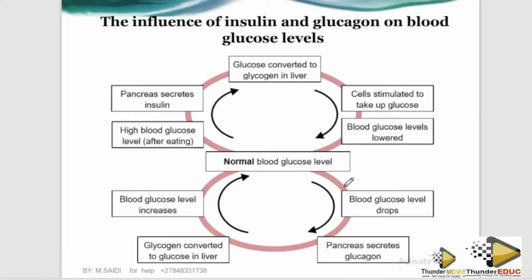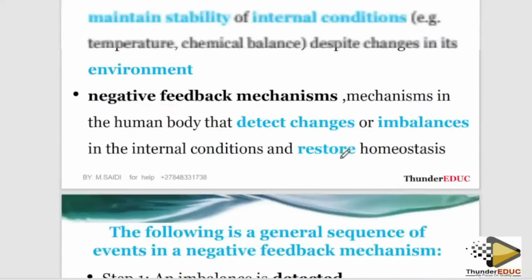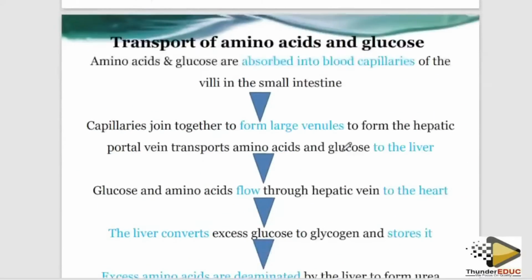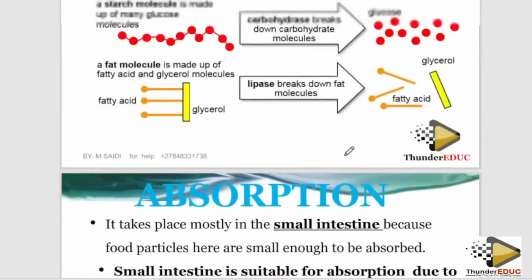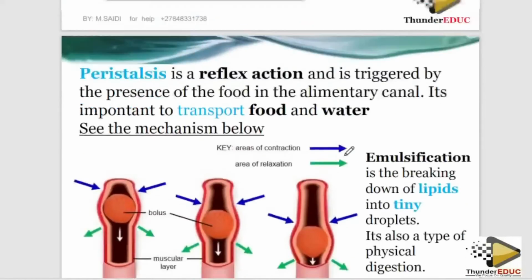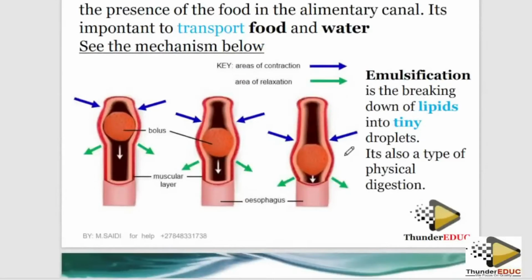So make sure that you go to the paper when you know this, the negative feedback mechanism of glucose. Negative feedback mechanism of glucose. And then the structure of a villus plus this peristalsis. Peristalsis is also another terminology we can ask.